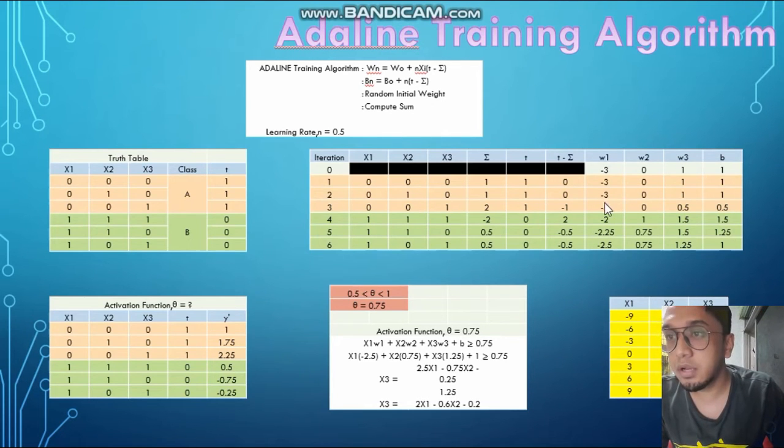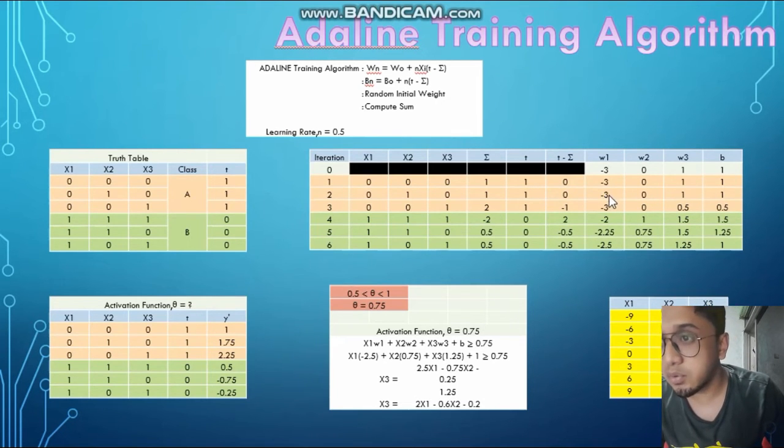So how to calculate w1? We get w1 from the formula. W old is also -3, plus the learning rate times x1, which is 0, then times t minus summation, which is 0.